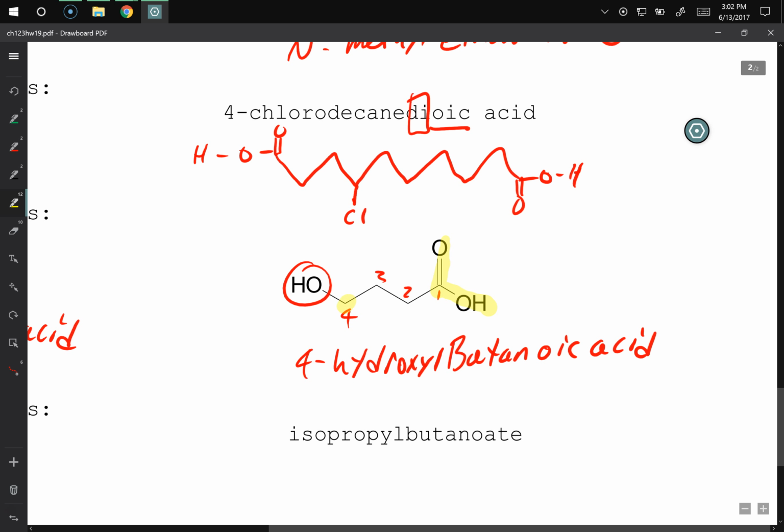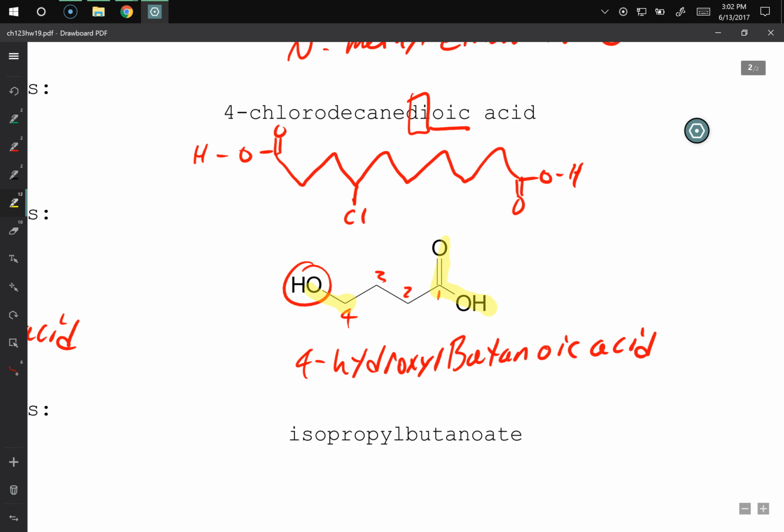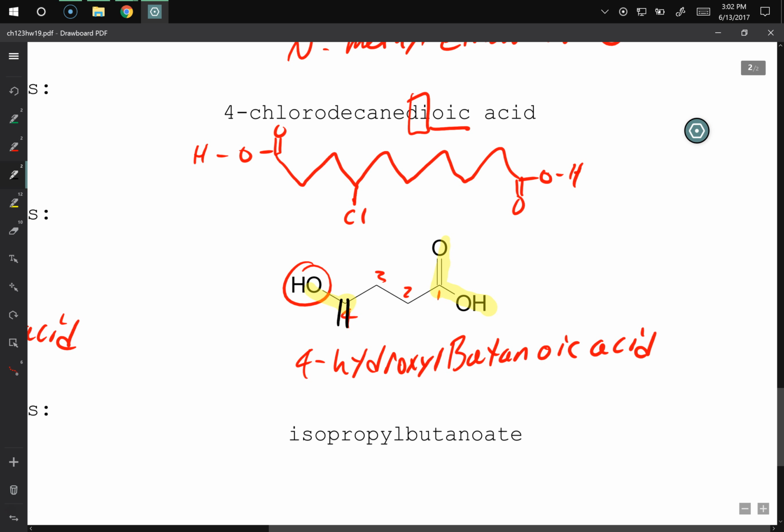This carbon is only bonded to an OH. Since there's no double bond O, it's an alcohol, not an acid. So this molecule has an alcohol on one side and an acid on the other. If this was a dioic, then there'd need to be that right there.